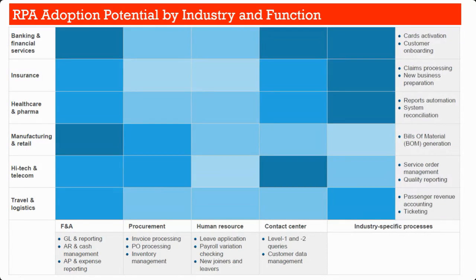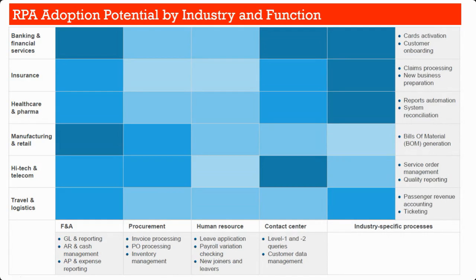If you look at this deck and the color coding, the darker it is, the more it shows that a lot of automation has already happened in those areas. So if you look at the banking and financial sector, a lot of processes from finance and accounting, especially GL reporting, cash management, AP, and expense reporting, have already been automated.